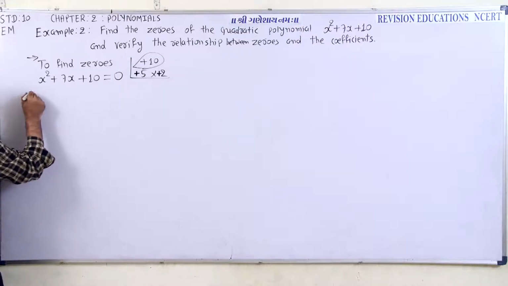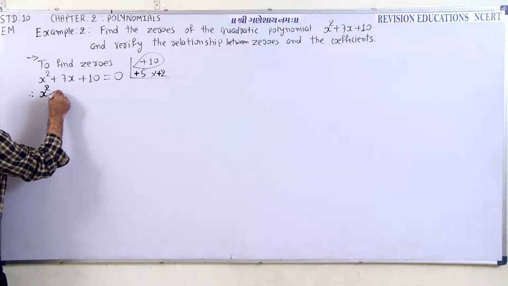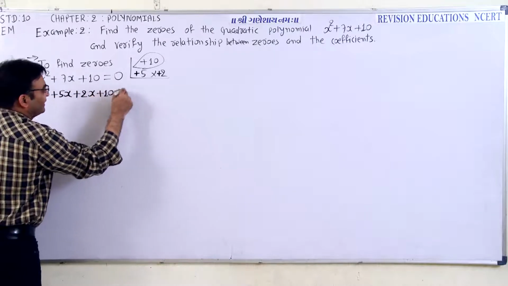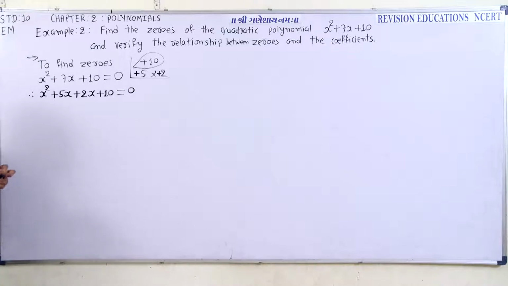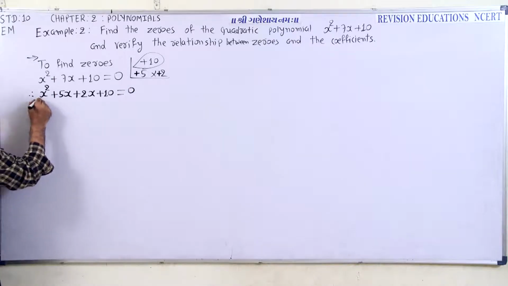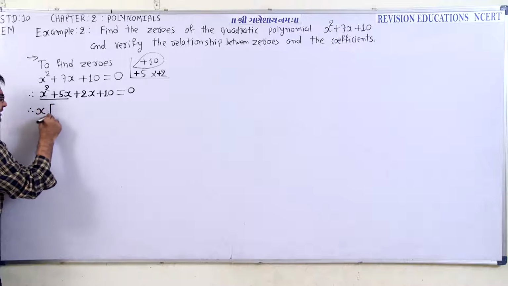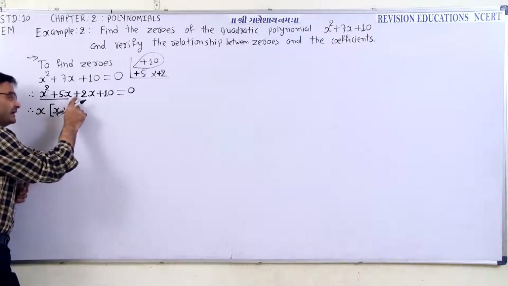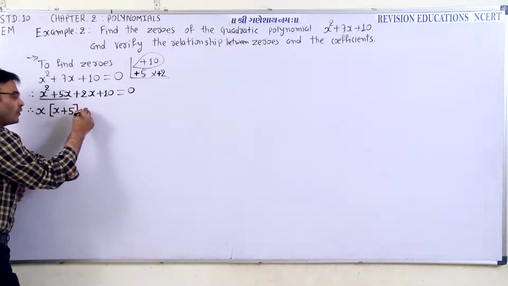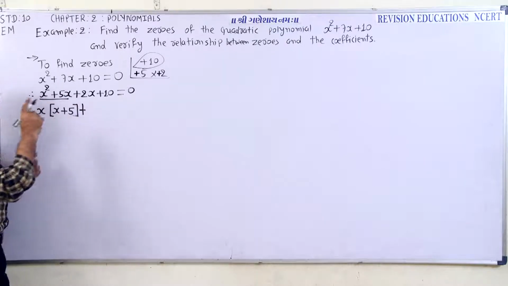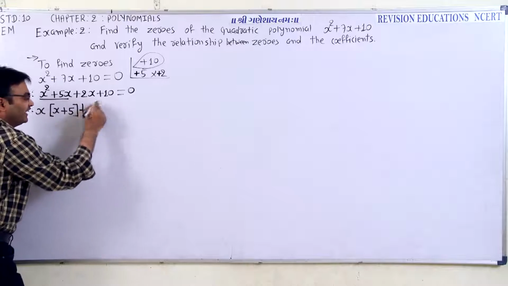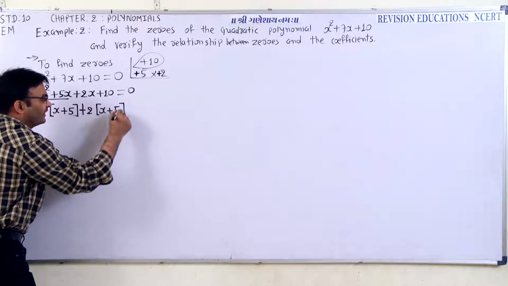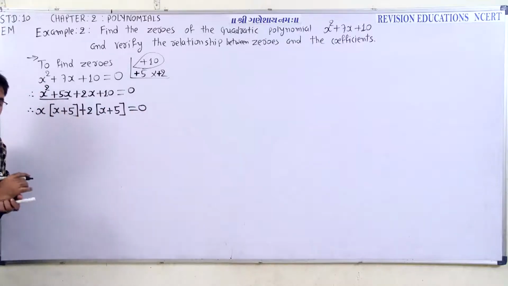Here x square plus 5x plus 2x plus 10 is equal to 0. Here we take common x from it and in bracket x plus 5. Here it is plus, so I write plus, take common 2 from it and in bracket x plus 5 is equal to 0.